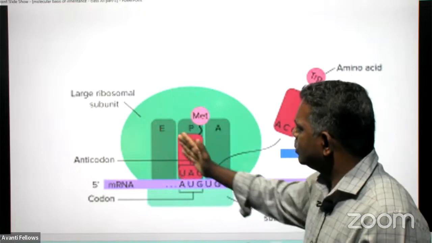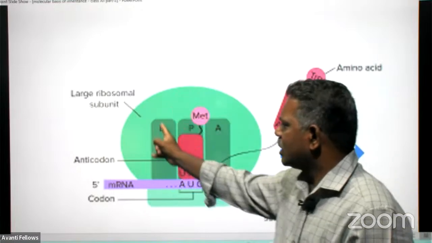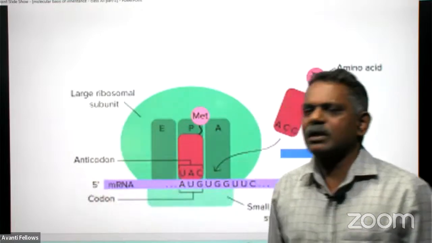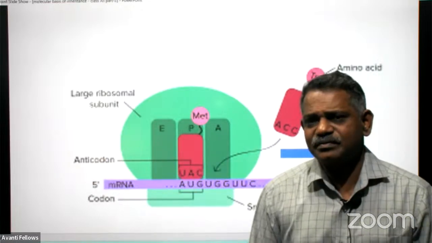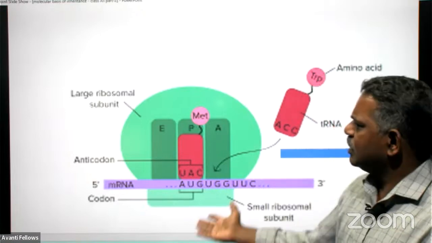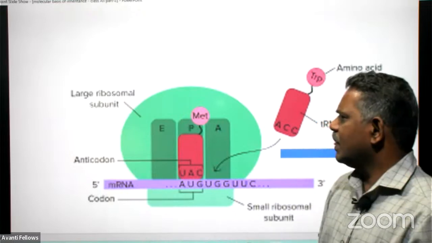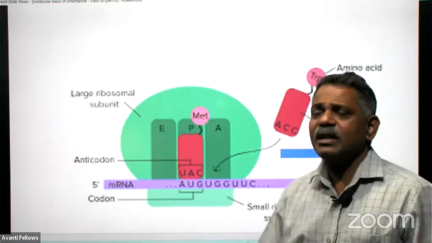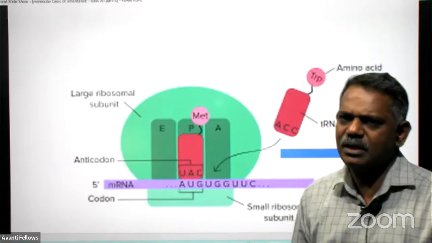Then the tRNA is alone, not connected to the ribosome, so from the E site it will go directly to the cytoplasm. That is why we call it the exit site. That tRNA comes out of the ribosome into the cytoplasm, and it can again go to bind another amino acid for the same protein.